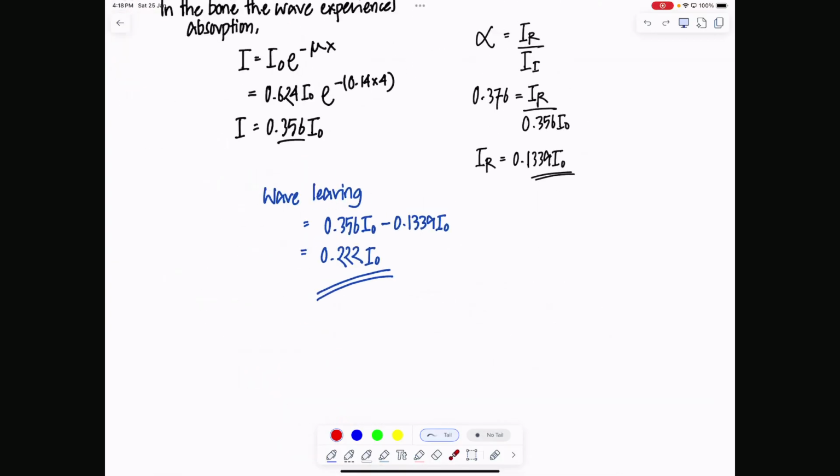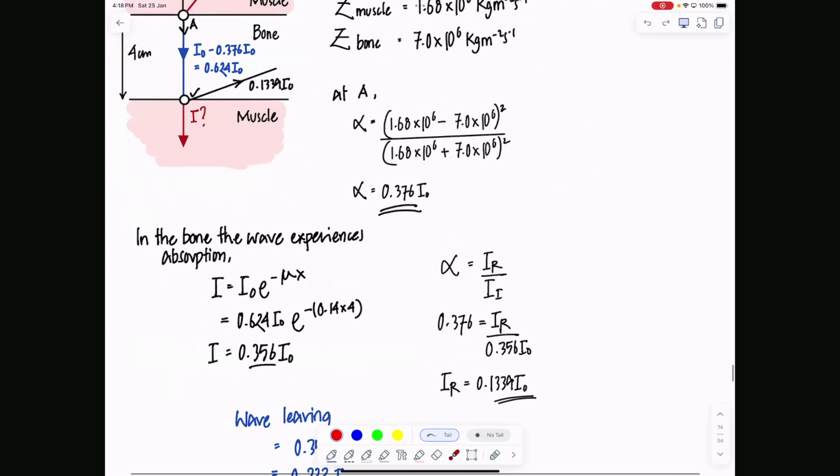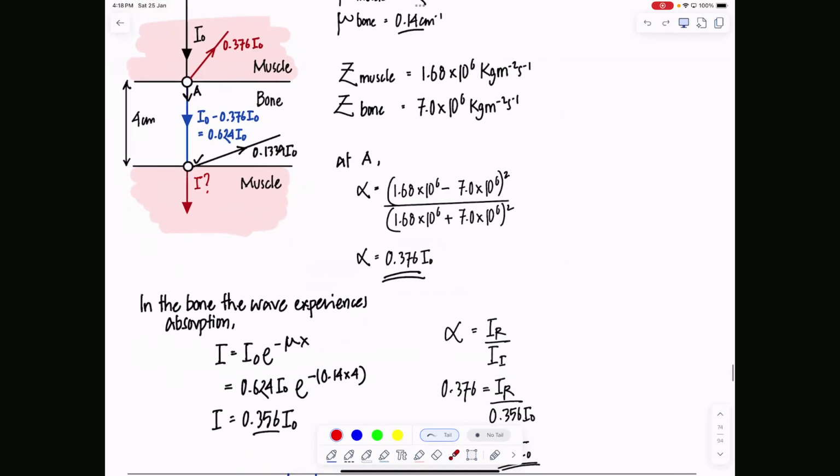When it reflects the second time, it hits that boundary again and reflects again. There are two words for it: one is ghost and the other is shadow. It creates a shadow because there are so many reflections out there. You'll feel like there are other things around you, but they're not actually there; they're just this moving around. So it's called a shadow, or sometimes the ghost image.